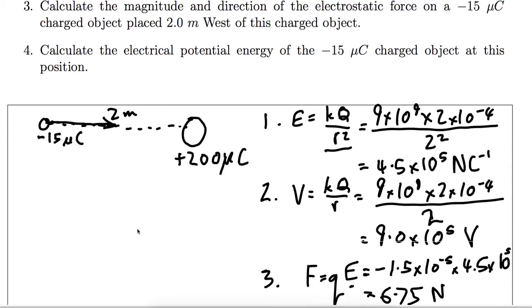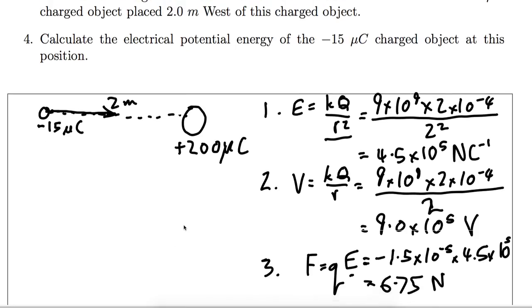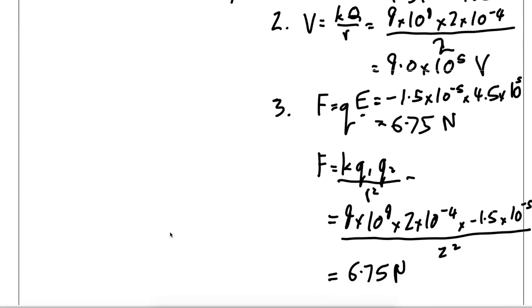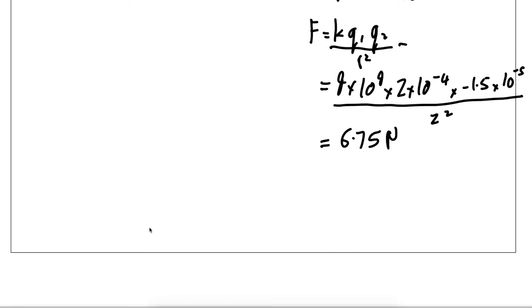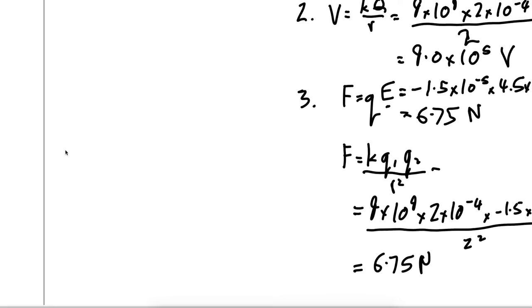Calculate the electric potential energy of the minus 15 microcoulomb charged object at this position. So the electric potential energy is going to be, actually let's go over here, give ourselves some space, U equals K Q1 Q2 over R rather than R squared. So when we're dealing with forces, we're using R squared, falls away as the R squared.